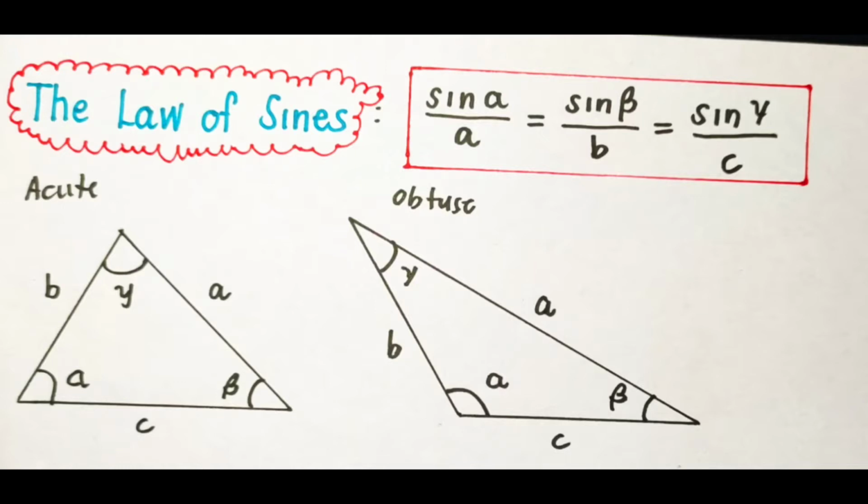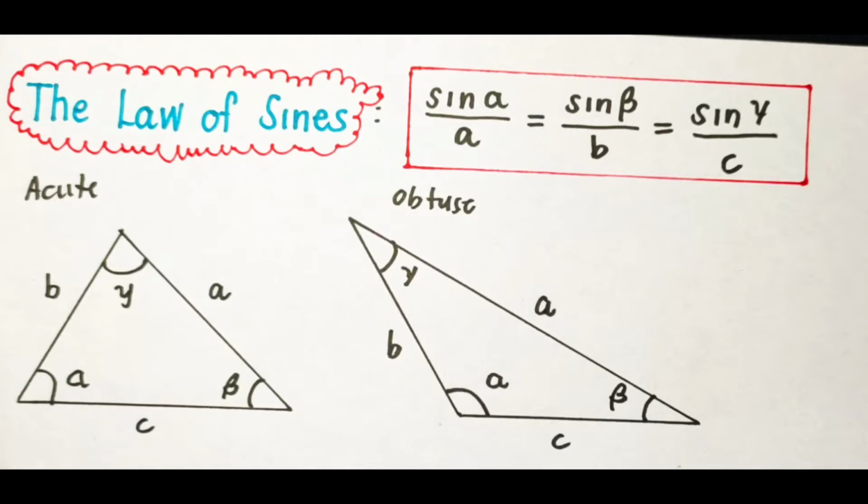So the first thing that we're going to do is to construct an altitude from the angle gamma, which is perpendicular to the side C. Also, using the obtuse triangle, we're going to create an altitude to the extension of the side C. Okay, so how is that?